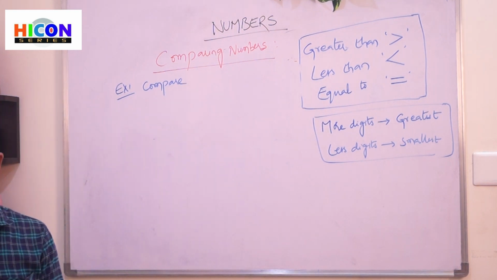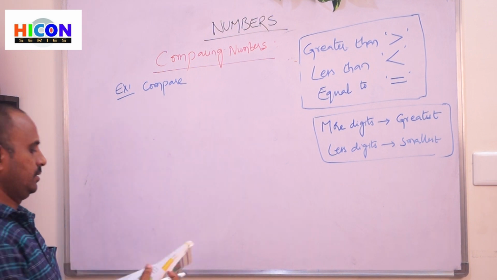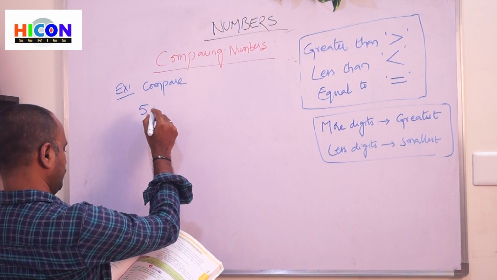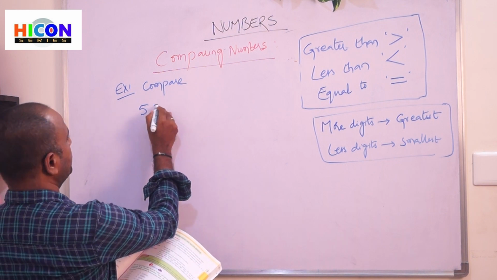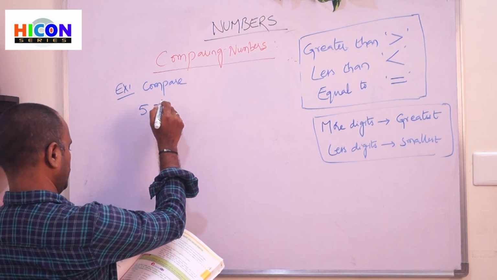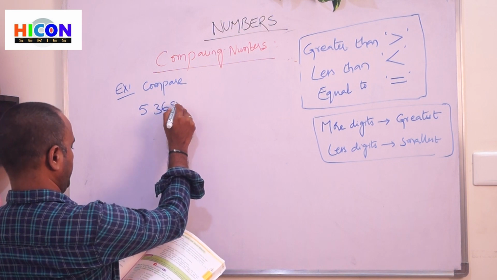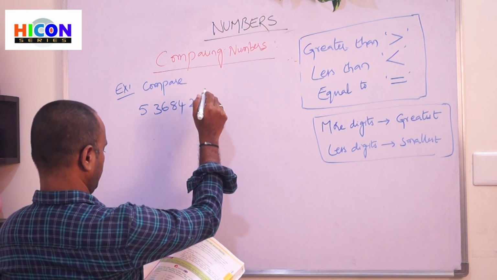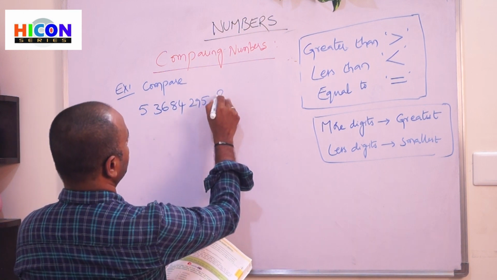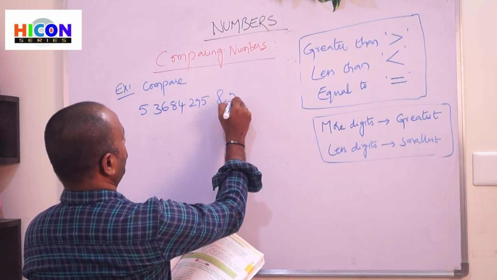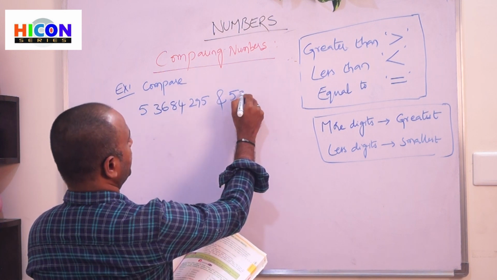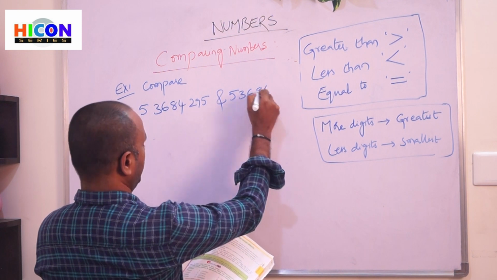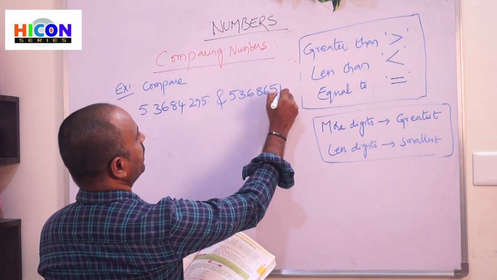So compare 5 crores 36 lakh 84,295 and 5 crores 36 lakhs 86,512.